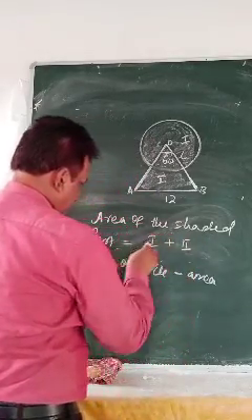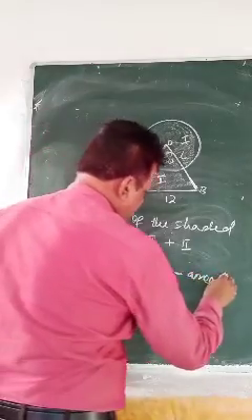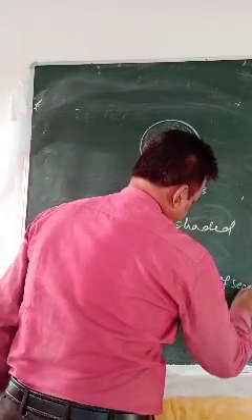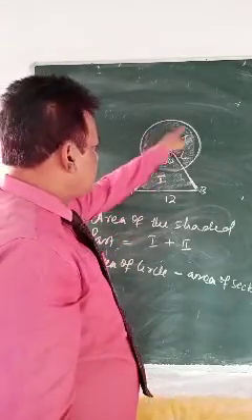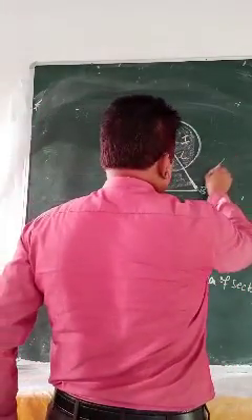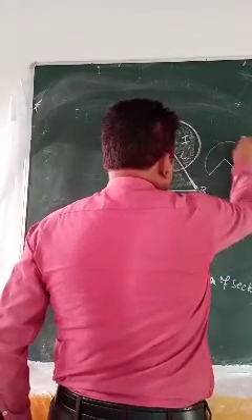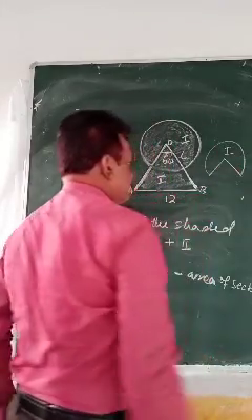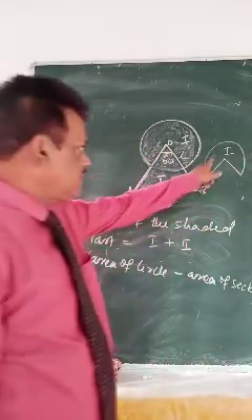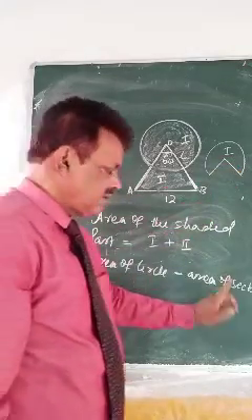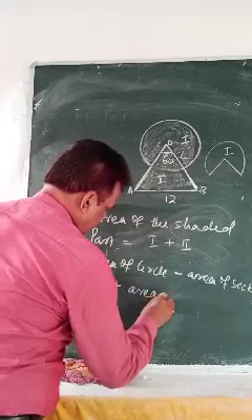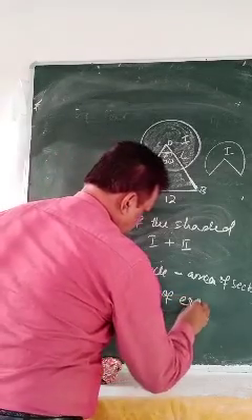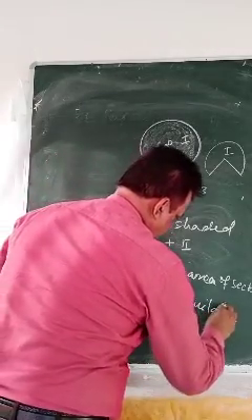What is 1? 1 is area of circle minus area of sector. Which part? This part. I can show you again here. This part is your 1, which I am showing here. Plus area of equilateral triangle.